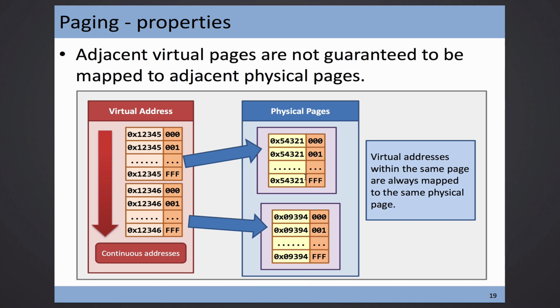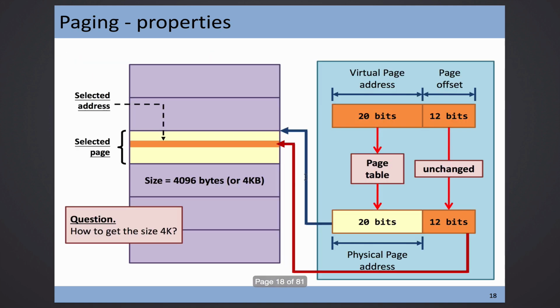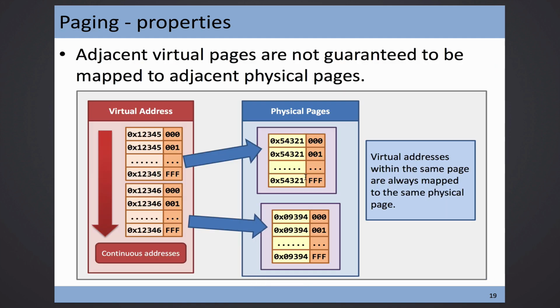How about the next guy? The next guy is here, this guy. Because this guy, we have a name. The name is called the virtual page address. No matter how big it is, let's say it's 2024, we still call it virtual page address. Now this virtual page address changes from 12345 to 12346. Then the whole page will map to another area. Okay? So what's the end result?